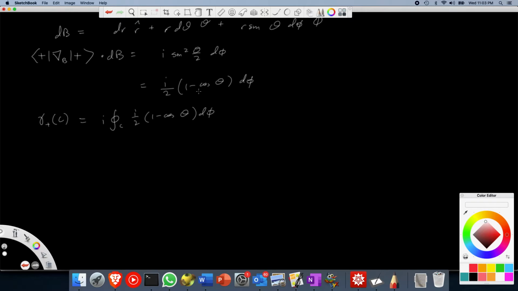And this is then minus half the closed loop integral of 1 minus cosine theta d phi. And right now I'm just going to assert that this is equal to the solid angle of this path C.